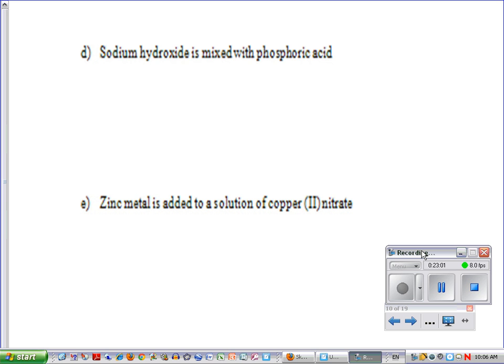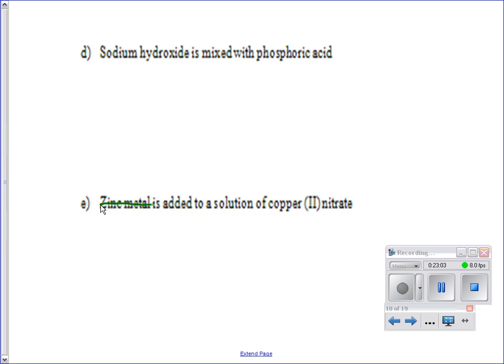Now, I'm actually going to change E, Kelly, and I'm going to make this sodium hydroxide and hydrochloric acid. We're mixing those. So I want to do this one first, okay?